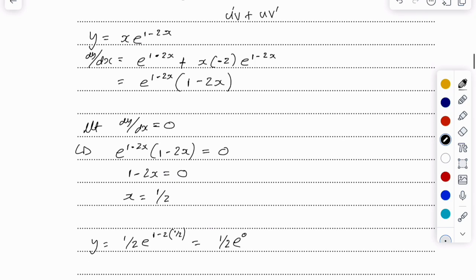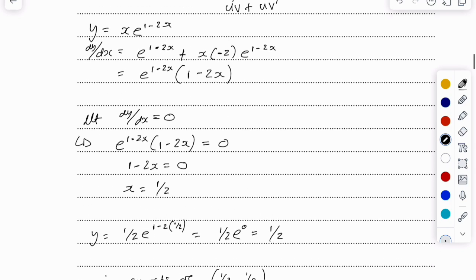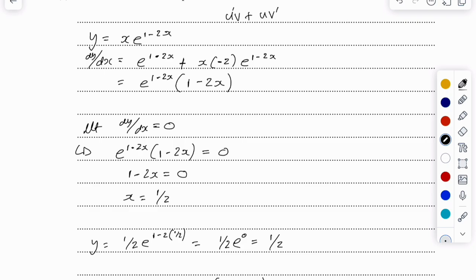Half equals 0, which equals a half. Okay, so therefore the coordinates are going to be a half and a half. This one's pretty simple. Not much to really go through.